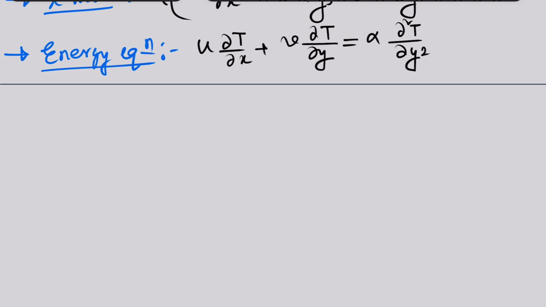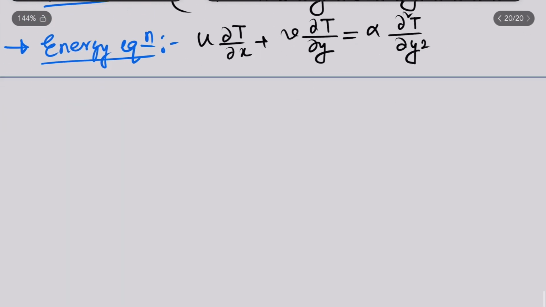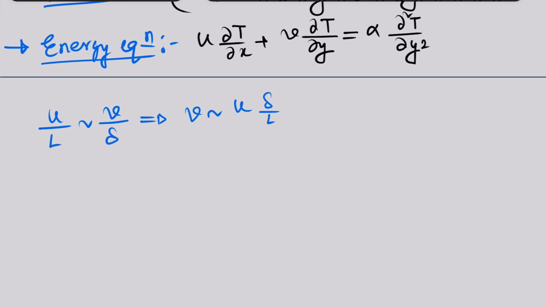From the continuity equation directly, U by L is of the order of V by delta, and V is of the order of U into delta by L, and this delta by L will be much less than 1. That is why V will be much less than U. This delta here is the thickness of the heated layer.